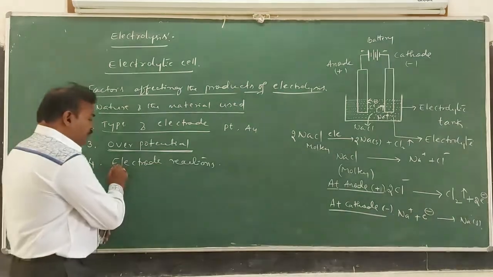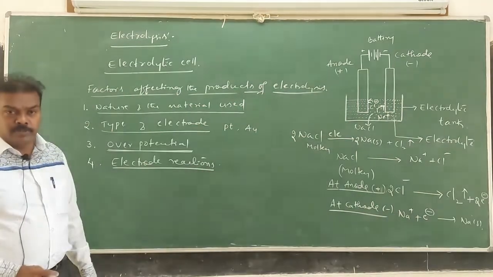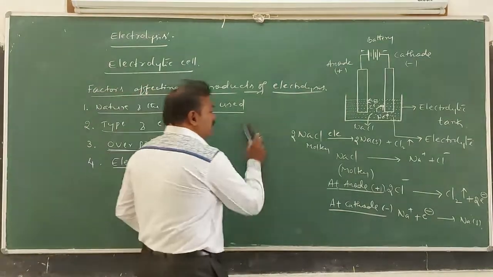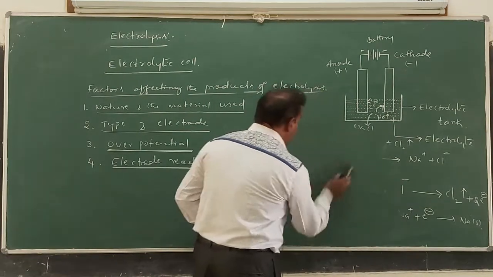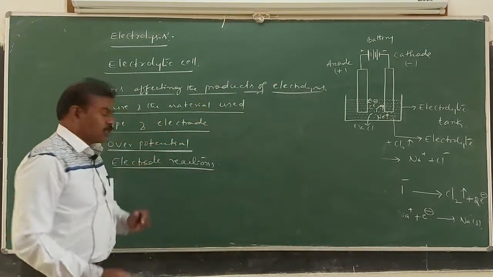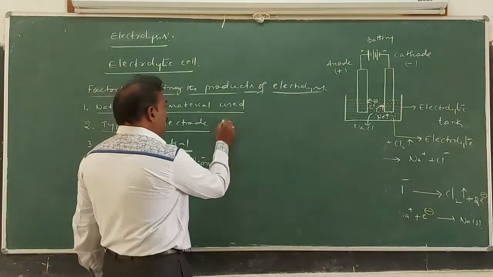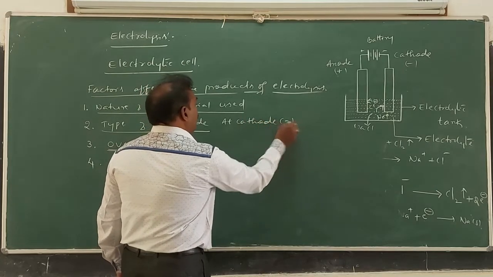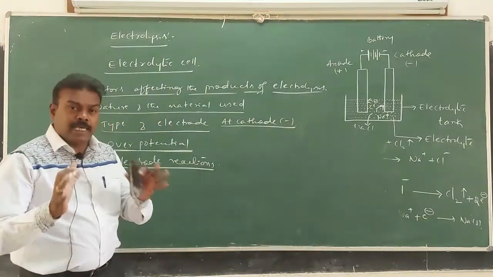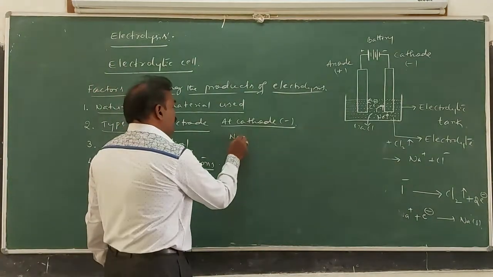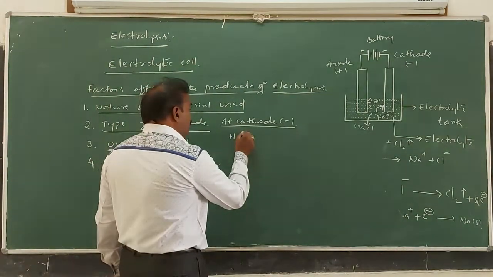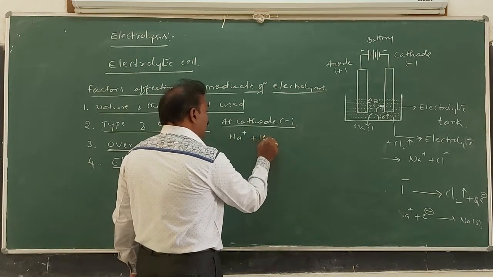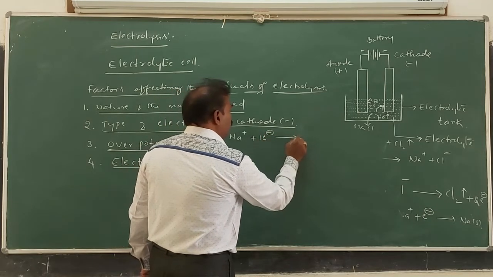And the next one, electrode reactions. This is also very important. Just taking an example regarding electrode reactions: the reaction taking place at the cathode. I take the example of sodium. The sodium ion having +1 charge takes up only 1 electron to form sodium metal.